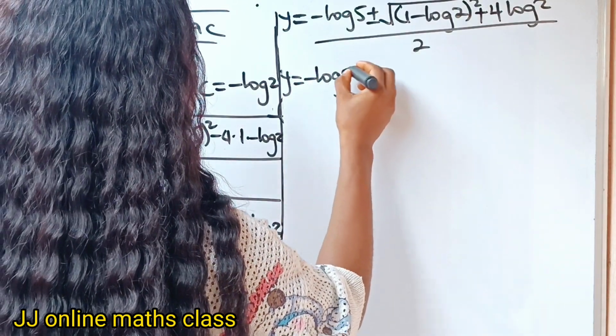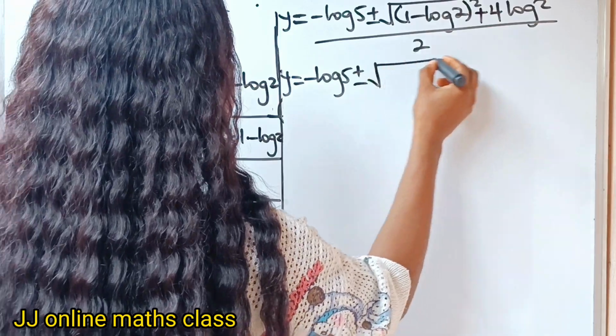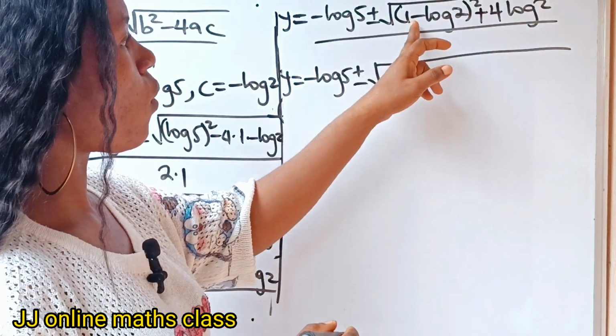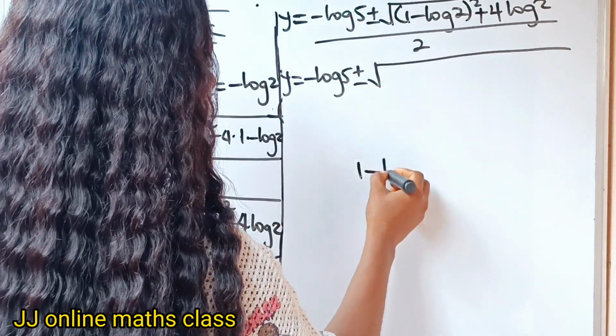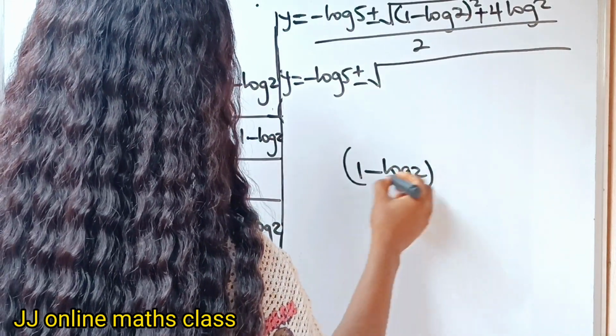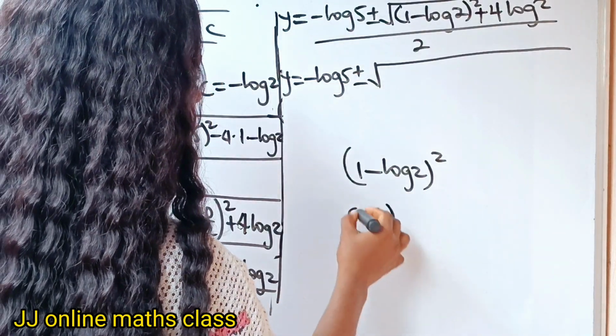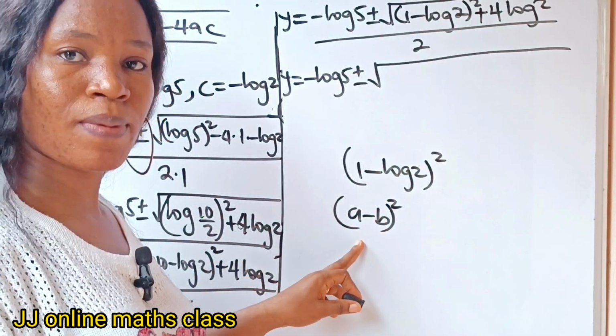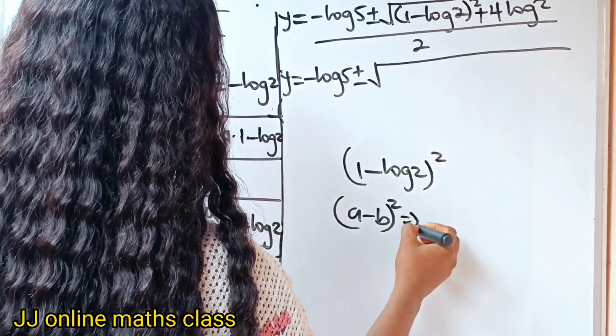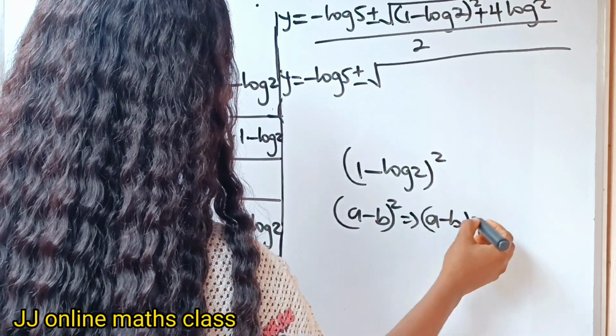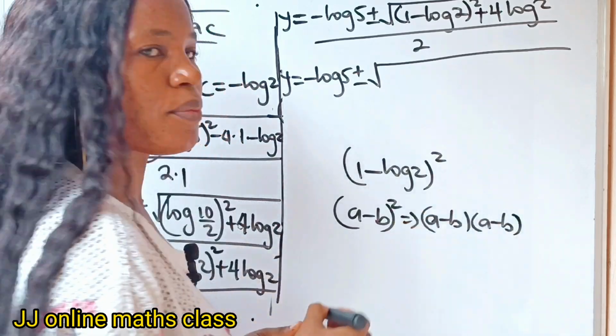All right, our y is equal to minus log 5 plus or minus square root of. Now I want you to see this. We have 1 minus log 2 squared. We all know that a minus b all squared can be expanded like this: a minus b times a minus b, right?